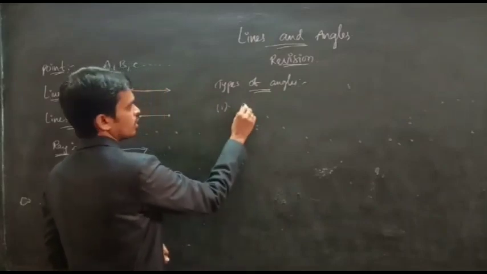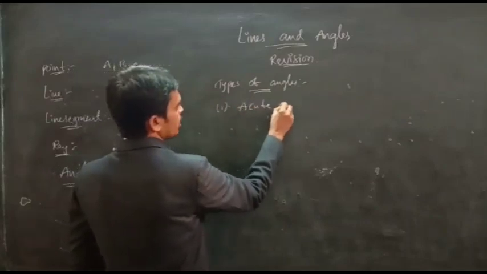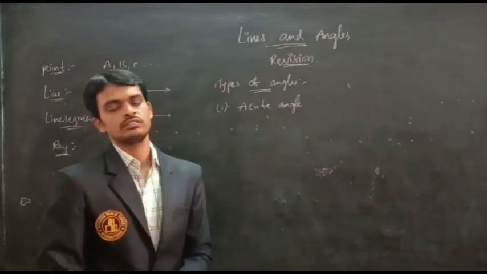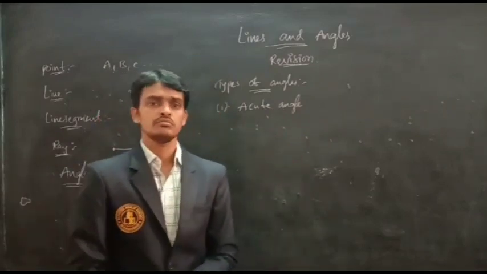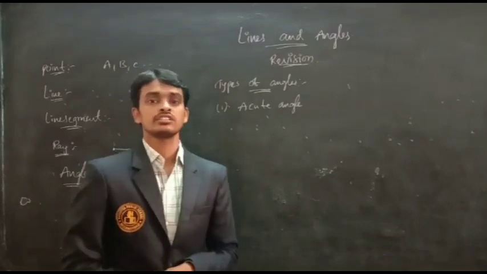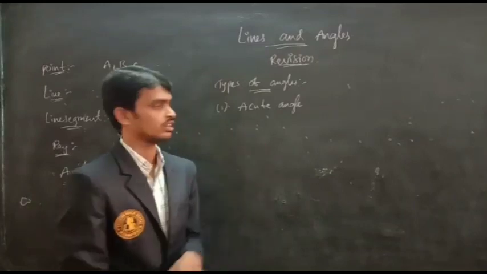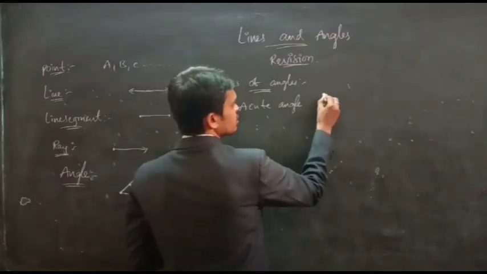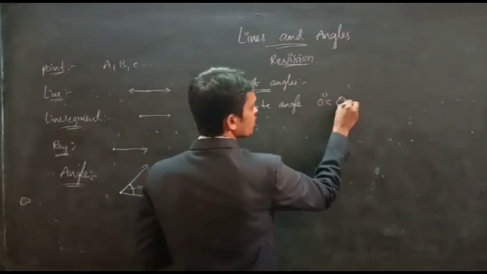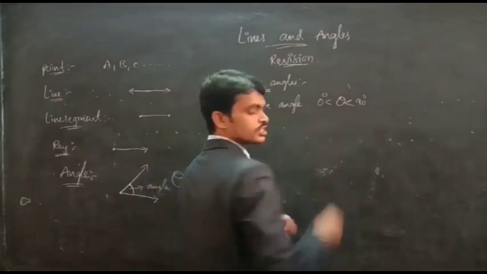First one, acute angle. An angle that measures between 0 and 90 degrees is called an acute angle. So theta will be between 0 and 90 degrees.